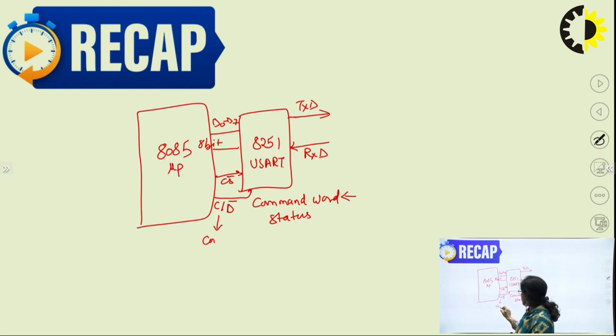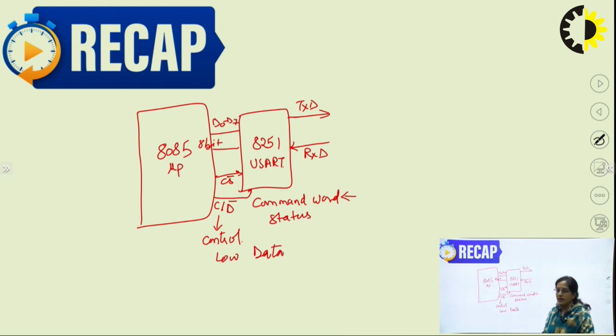When we send control, that is the command word, this signal will be high. When it is low, it indicates that data is going to be transmitted. So initially the control/data signal is high. The command word is written by the microprocessor, and after the 8251 is configured, this signal goes low and now the data will be transferred on the data bus buffer.